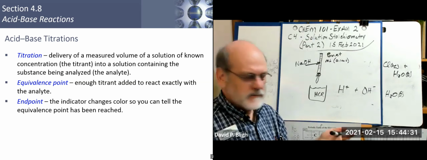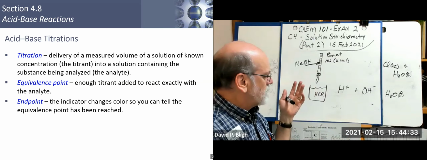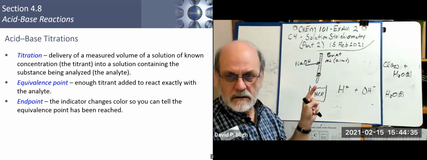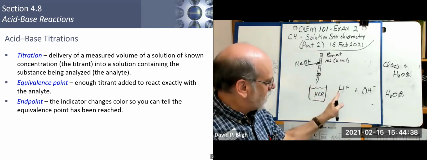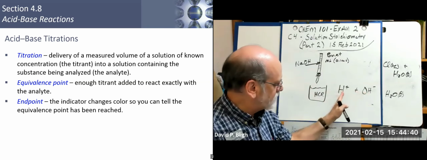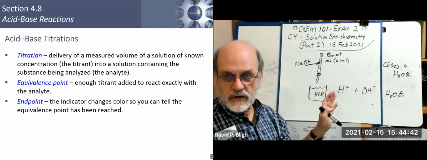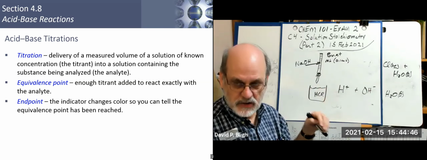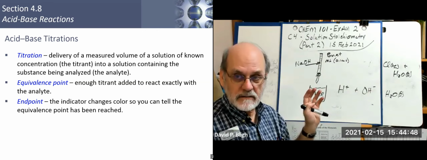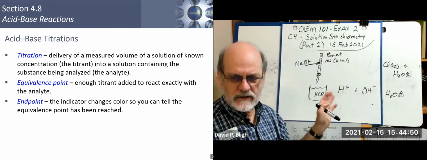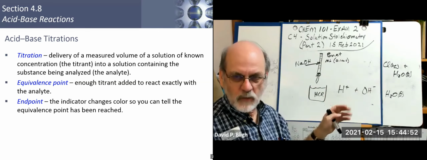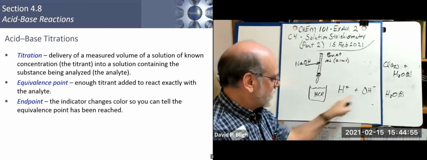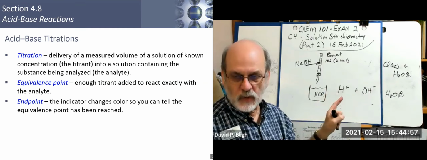The thing about it is, you can tell the point of equivalence, when you have equal amounts of this and this, if you are watching the change in acidity, the pH of the solution. I know we haven't defined that yet, but once you know that these two are equal, that's called the equivalence point.